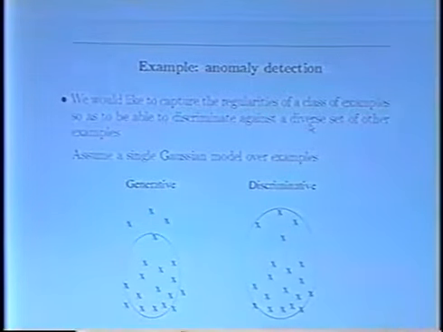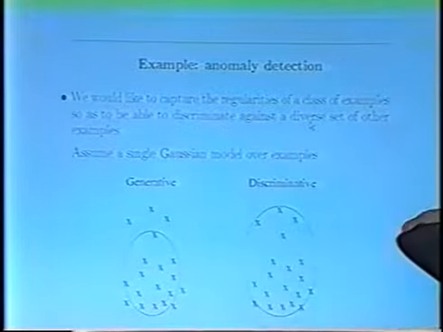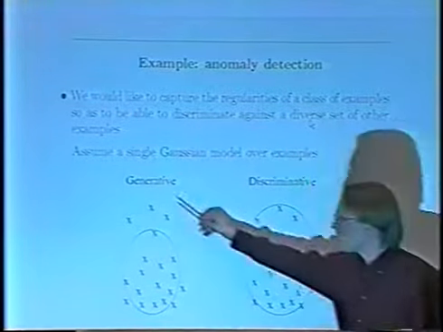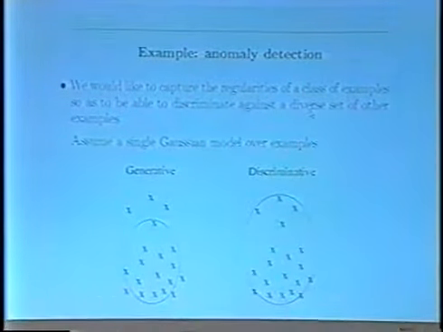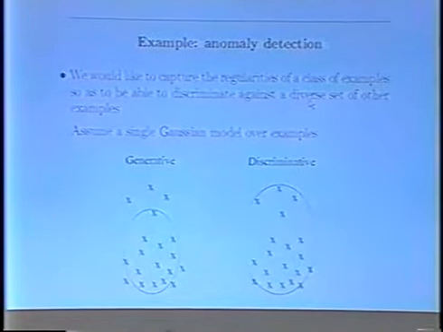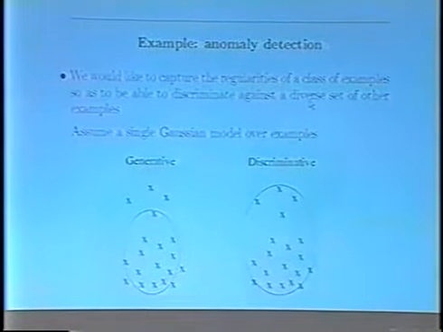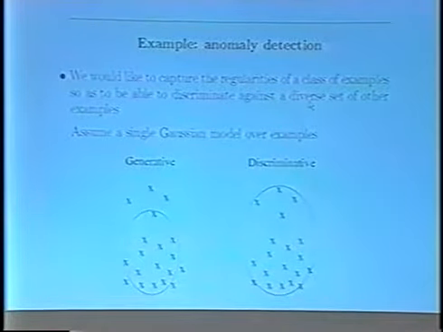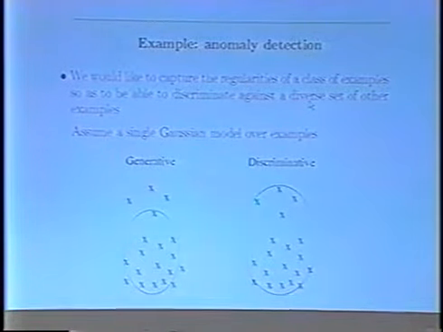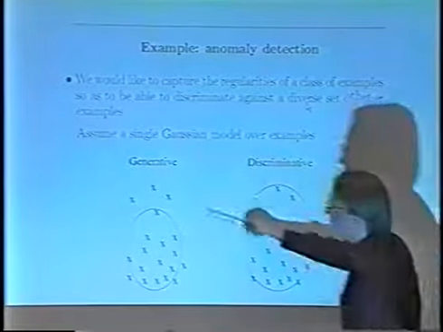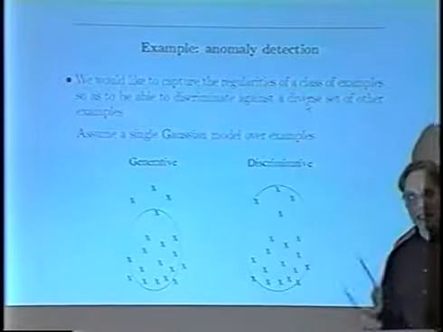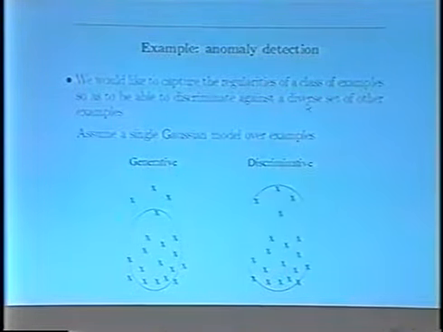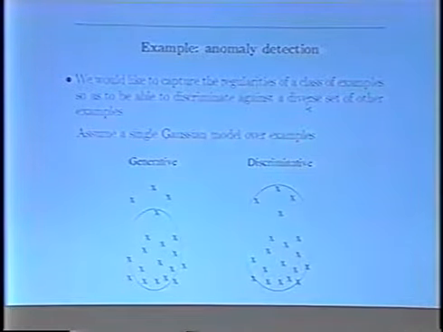Okay, here's another example about anomaly detection. Here we have a class of examples from only one class. We train that simple Gaussian again over these examples, and the resulting Gaussian would look something like this. That Gaussian does not capture the class of examples. It is only geared towards where most of the examples are.